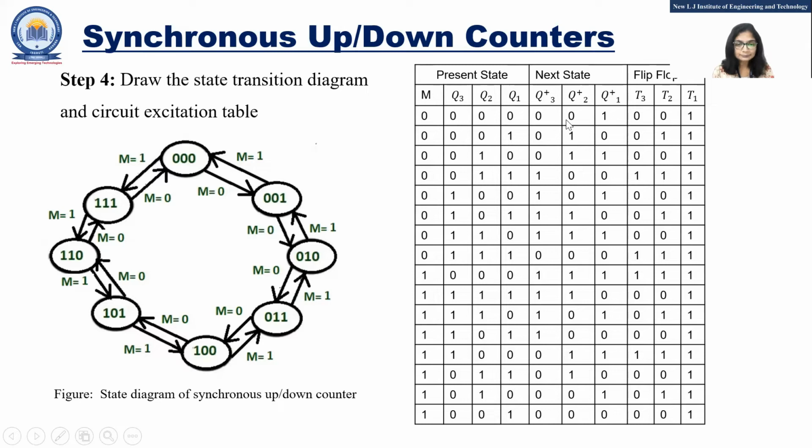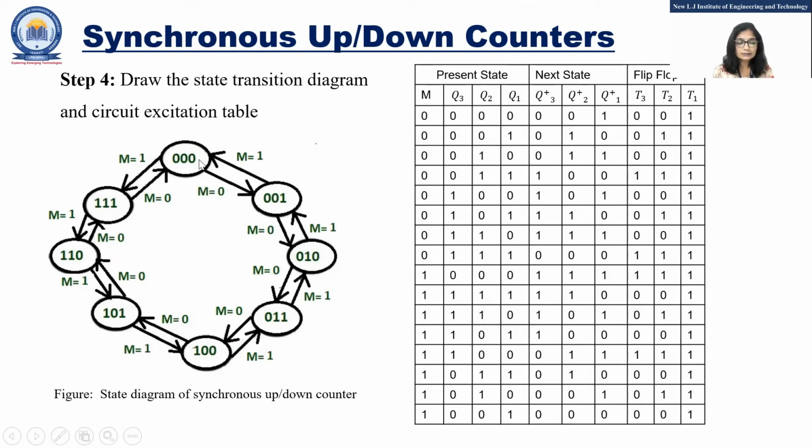You can see here 0, 1, 2, 3, 4, 5, 6 and 7. When M is 0, it will perform up counting. Then when M is 1, it will perform down counting.